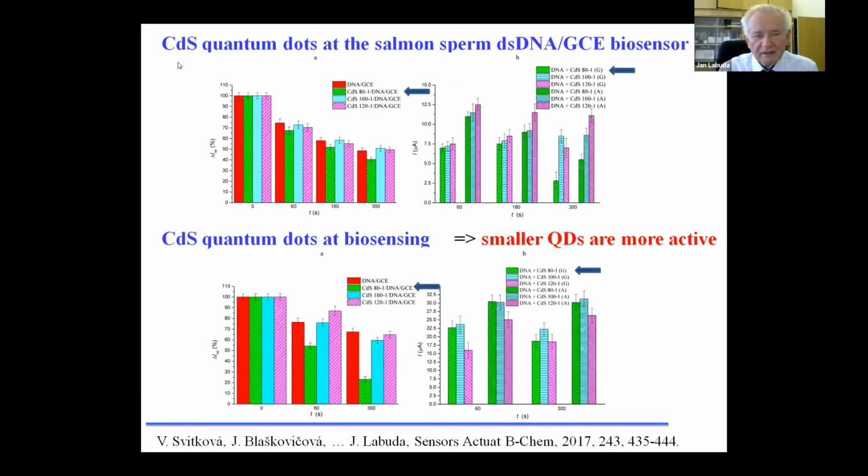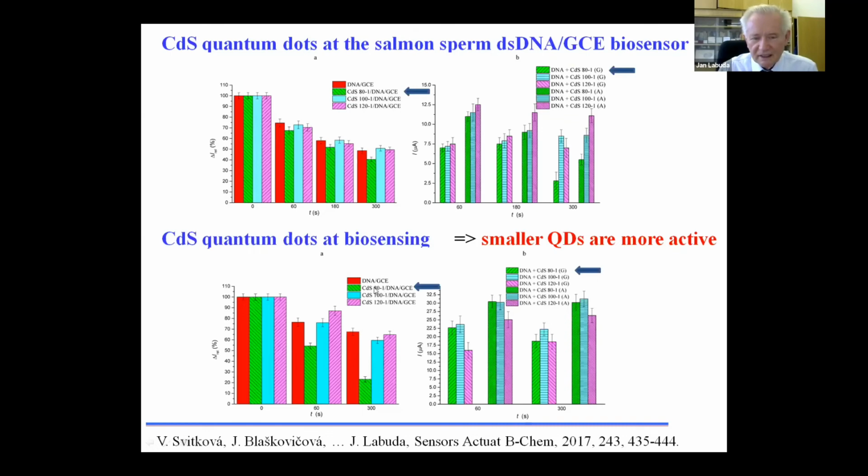Here I would like to demonstrate only one of the results obtained with quantum dots based on cadmium sulfide or cadmium telluride, where we can compare and see the effect of the fluorescent quantum dots present in such a study, comparing the red and the green columns, detecting the survived portion of DNA.